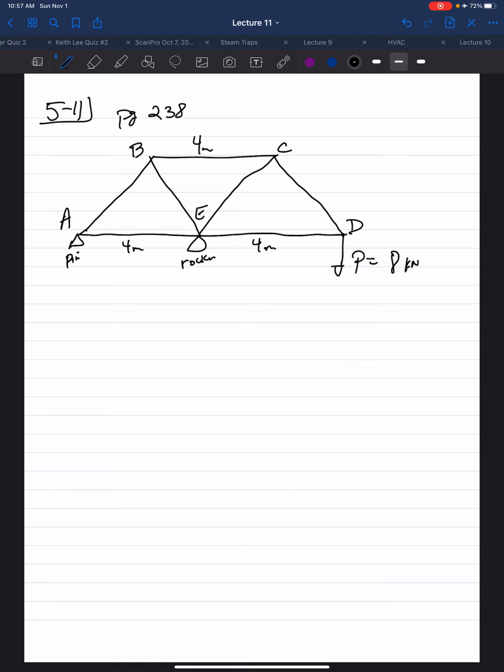B, I believe that's everything. Okay, so if I start at joint D, we have one known, the 8 kilonewton force, two unknowns, forces in members CD and ED.